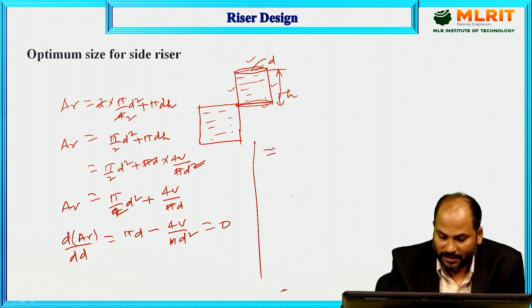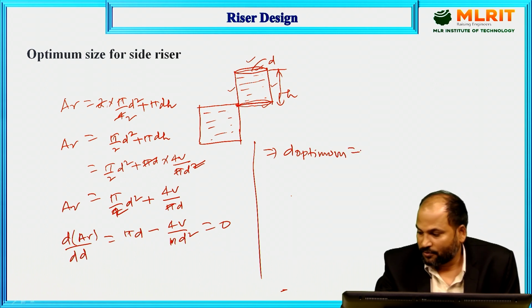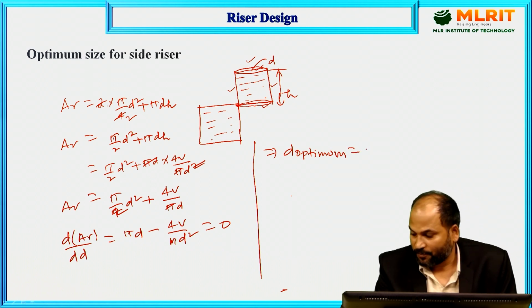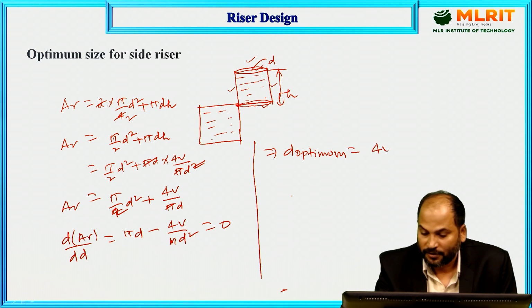So what will be the minimum value? This implies d optimum is equal to 4V upon pi to the 1/3.